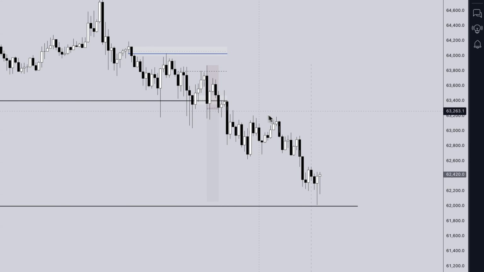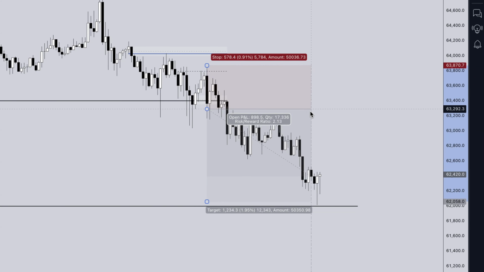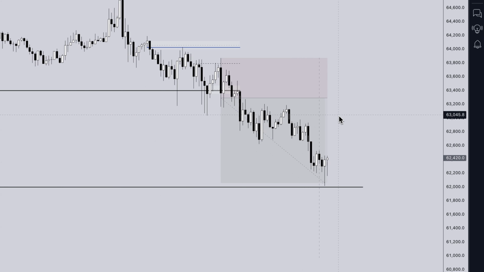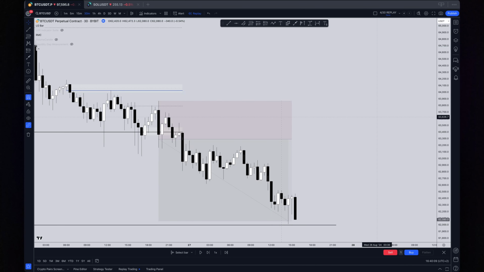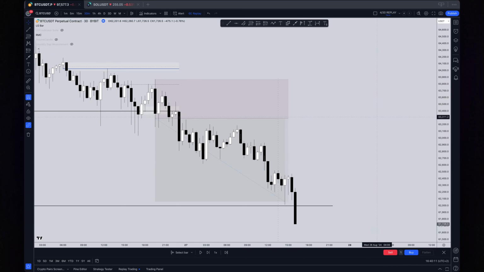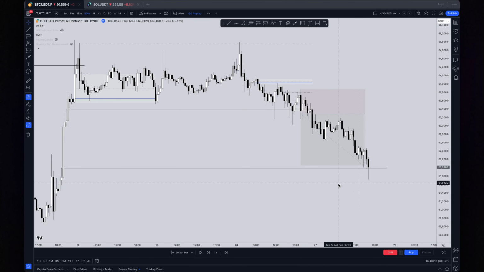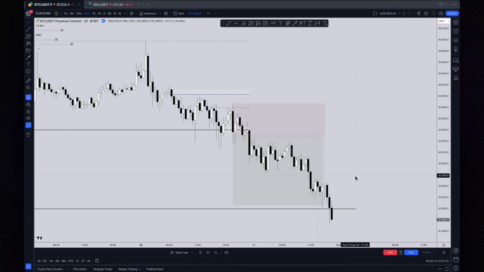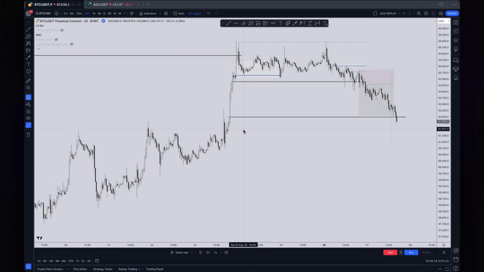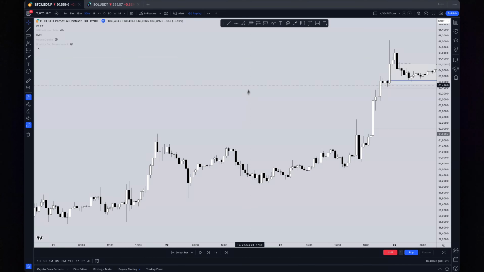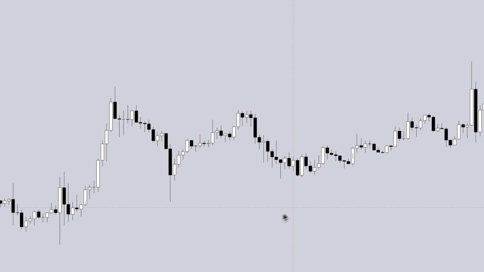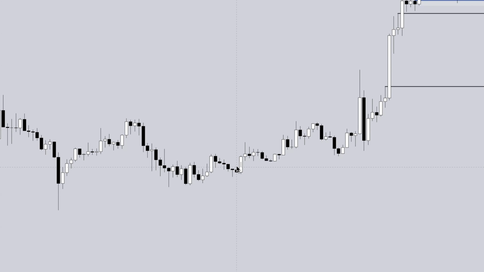There we go. Target filled. And okay, that level has been filled as well. So let's just see what happens. That's a close through. That tells us that we're gonna go way lower to here.